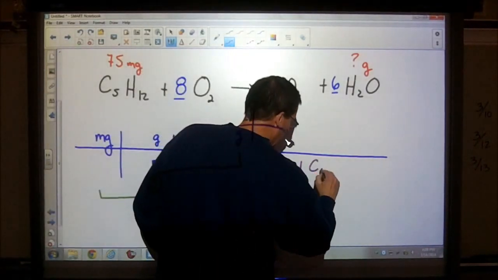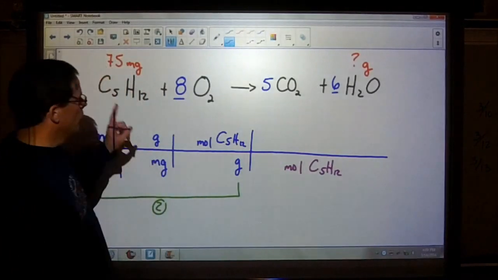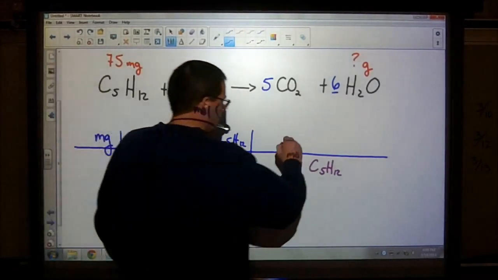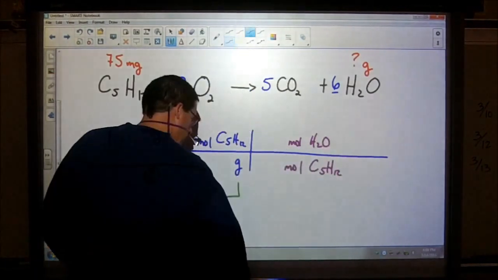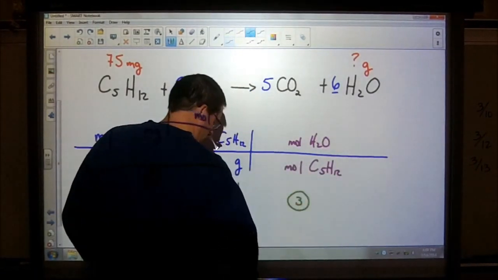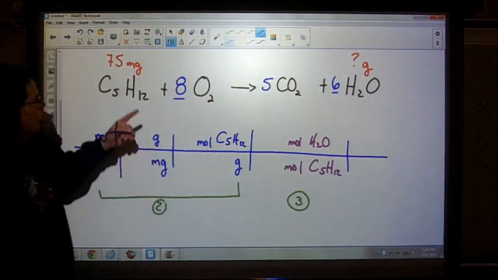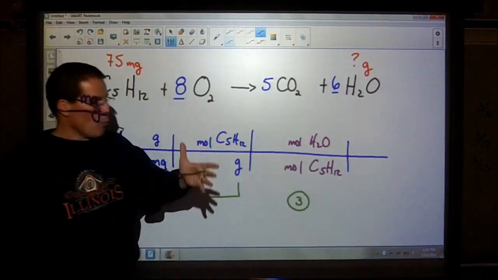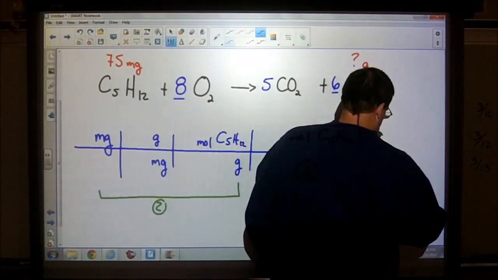So we'll slide that over. And we are looking for moles of water. So our mole ratio, step 3. All right, so since the question wants to know how many grams, we need to go one more step, change those moles of water into grams of water.